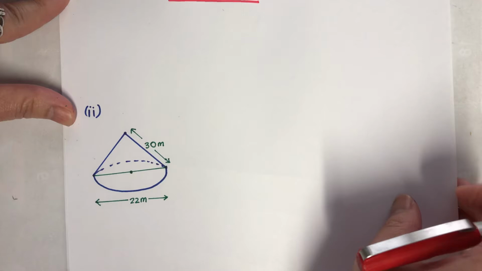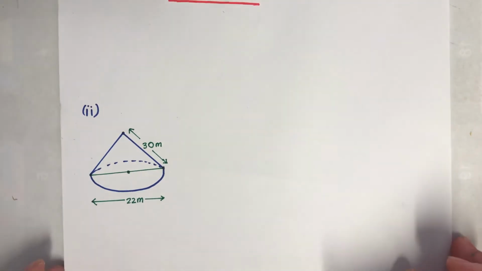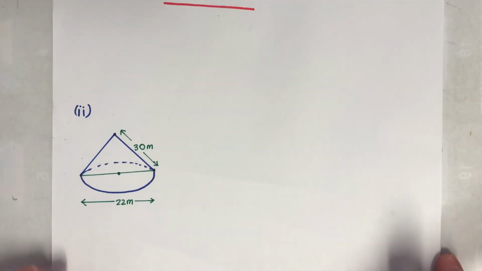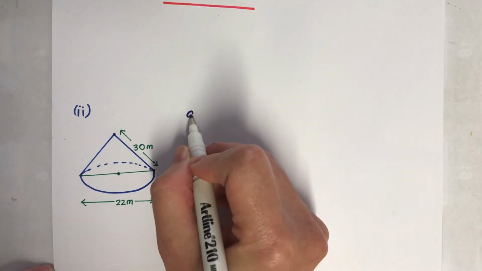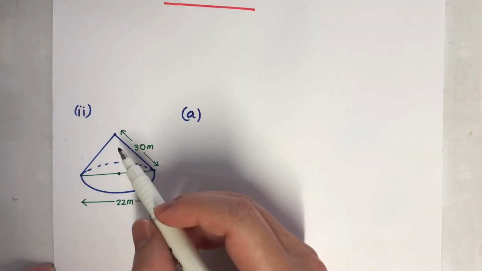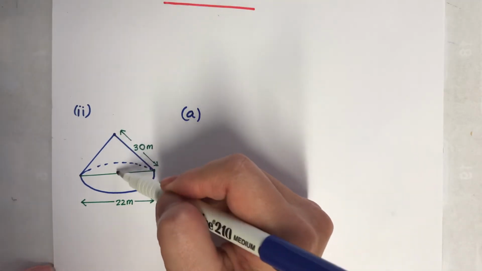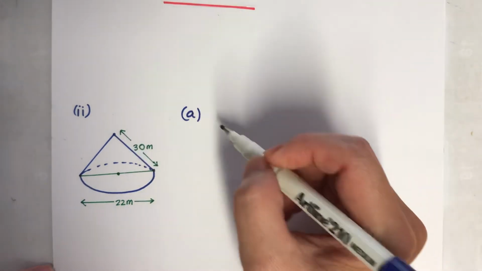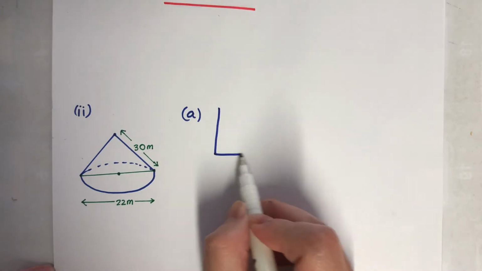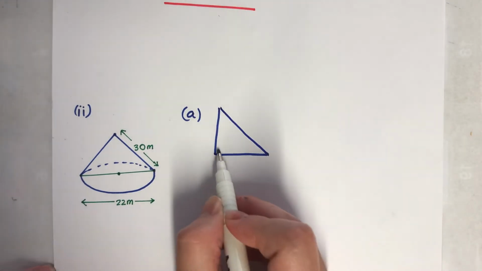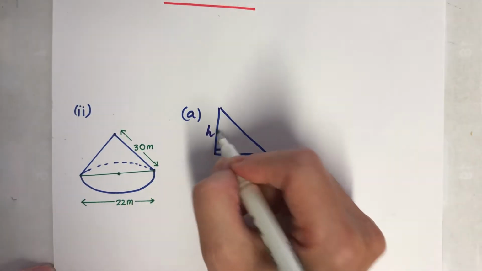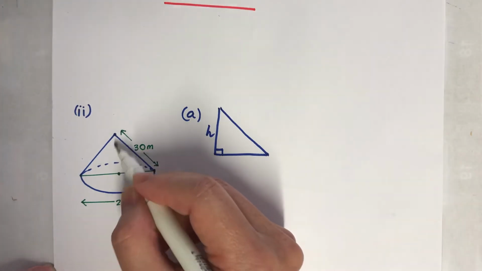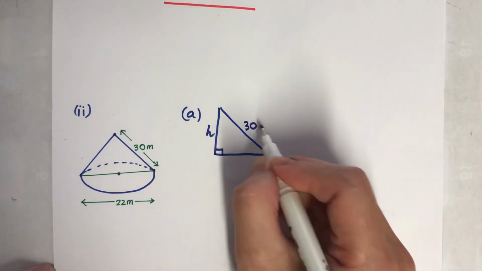Now let's have a look at the second part. Okay, this is not a pyramid, it's a cone. Well, still the same. Let's have a look at part A, which is finding the perpendicular height, this is the perpendicular height we're looking for. So I'm just going to draw a right angle triangle because I'm going to use Pythagoras Theorem. So that's my height there, and that's my slant height.